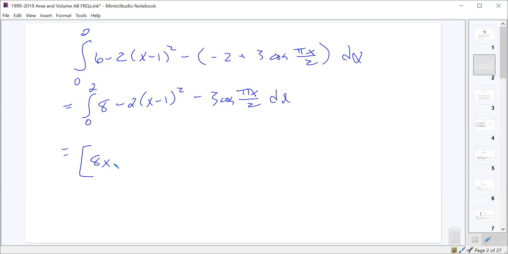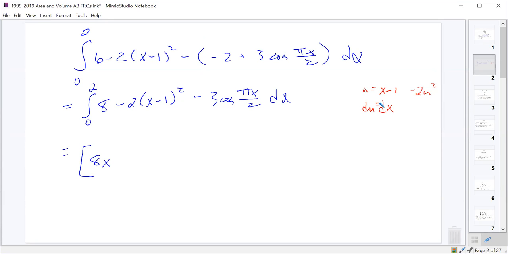Integral of 8 is 8x, right? How do we deal with the 2 times x minus 1 squared, or even just the x minus 1 squared? If I have x minus 1 as my u, then that would become negative 2u squared, which is easy to integrate. And the du, in this case, is just dx.